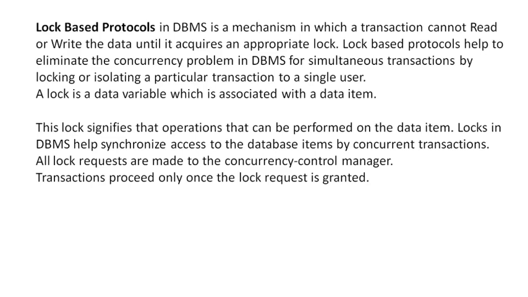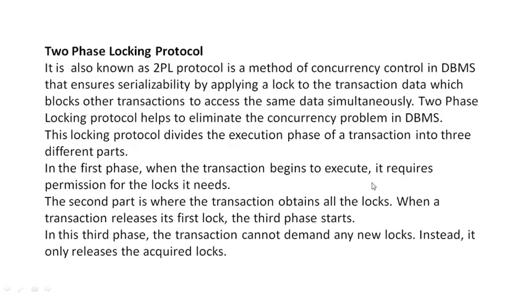So we will have shared locks, exclusive locks, and reclaiming locks. Like that, a number of lock based protocols are there, and the suitable one will be used in the distributed systems. So transactions will proceed only once the lock request is granted.